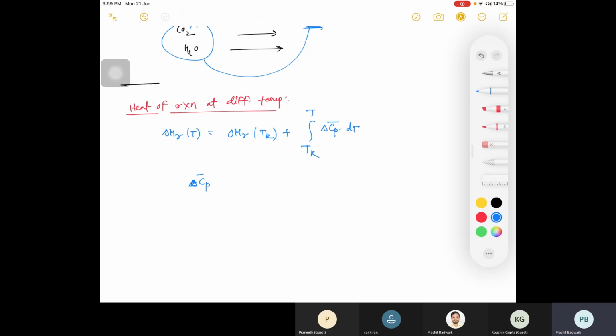It is the same as what we wrote for enthalpy of reaction. It is your summation of mu i Cpi bar.